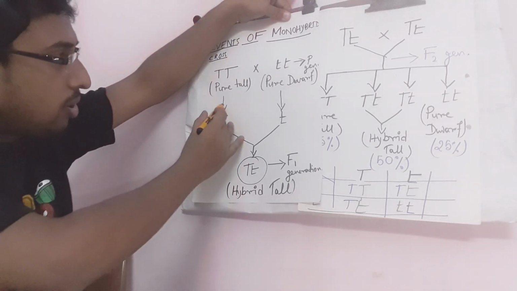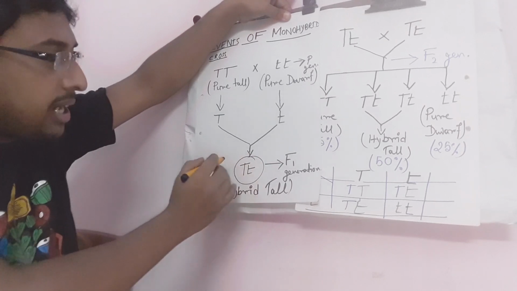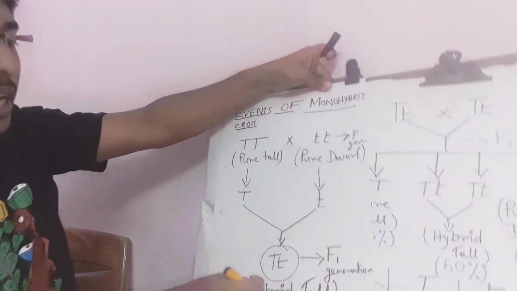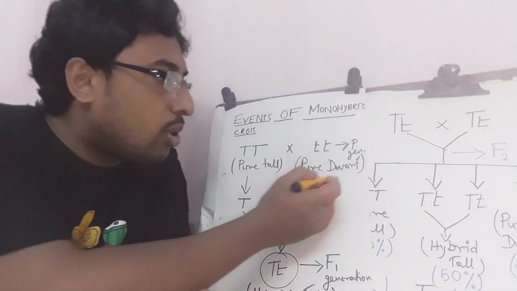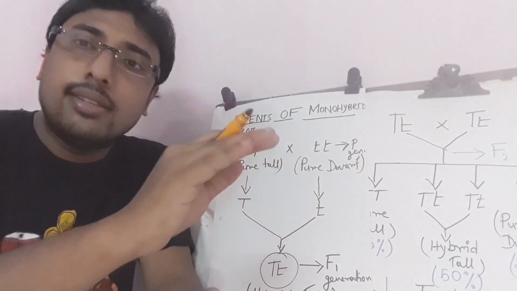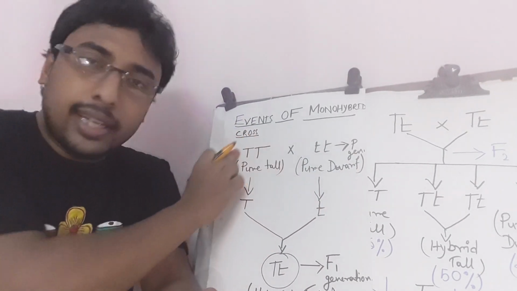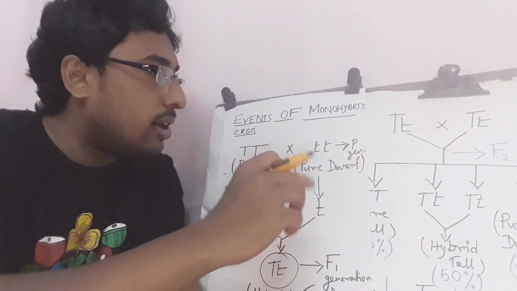Because it is a mix of characters, 50% each, but ultimately it is hybrid tall. Here the characteristic features of the dwarf plant are ultimately suppressed. It is the dominating character which suppresses the character of the pure dwarf plant.